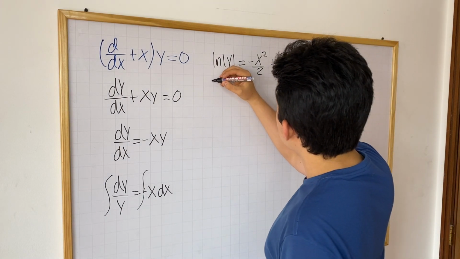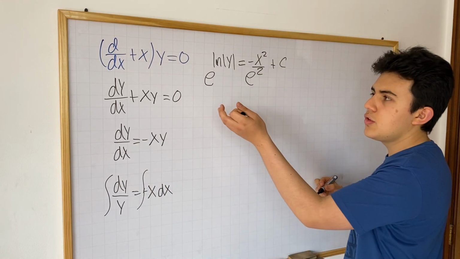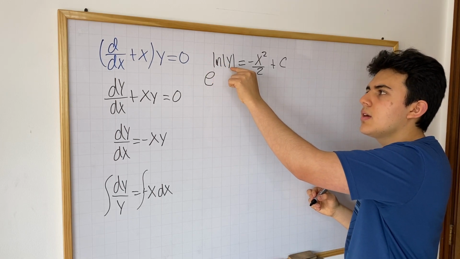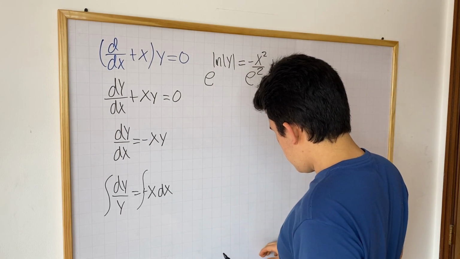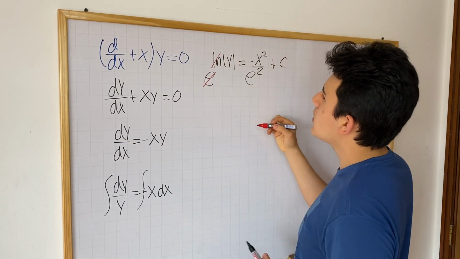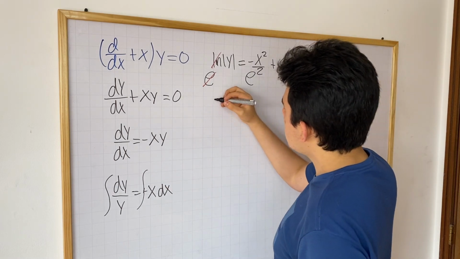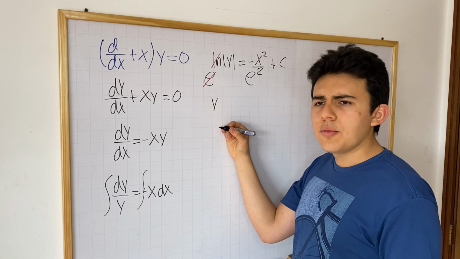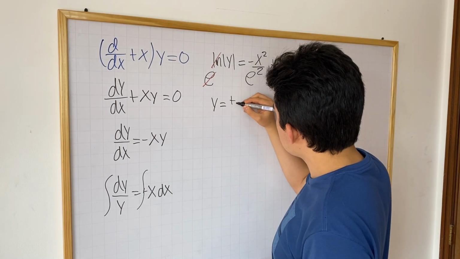Now I'm going to use base e on both sides, so this is going to be e and this is going to be e. I'm using base e so that I can cancel out e and ln and just get |y|. Remember, that's a property of logarithms. From here, I'm going to use red, so you know that we did a simple trick here. So we get that y. Now you could keep writing the absolute value, but I'm just going to write plus or minus.